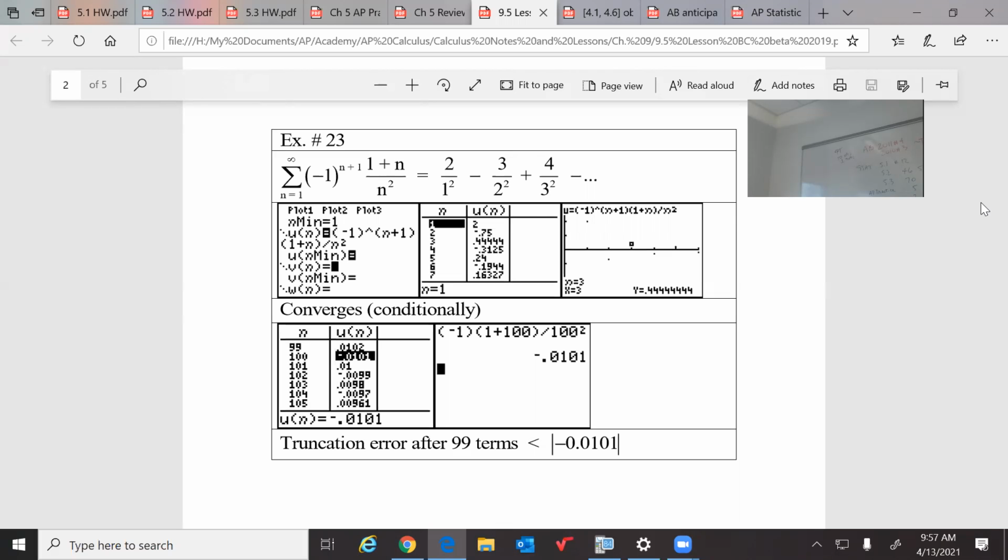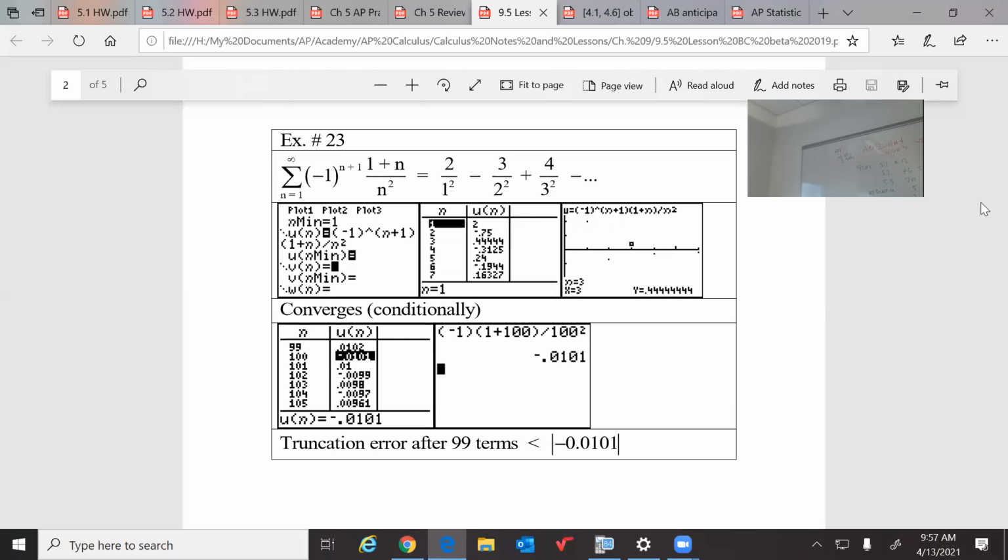After the second term, right, we're here. So what's the sum? 2 plus a negative 3/4 is 1 1/4. But then what happens? This bumps up to 4/9. Everything after that is reducing the 4/9.